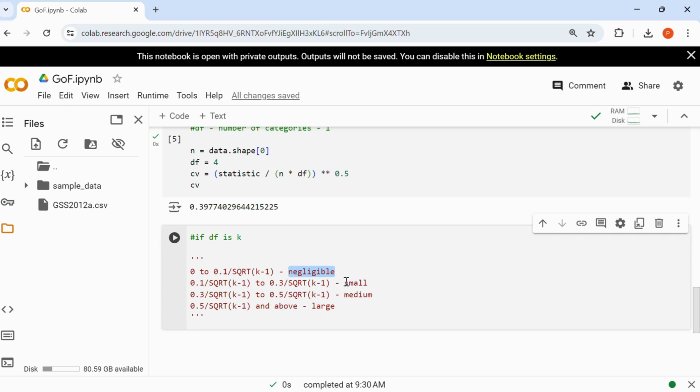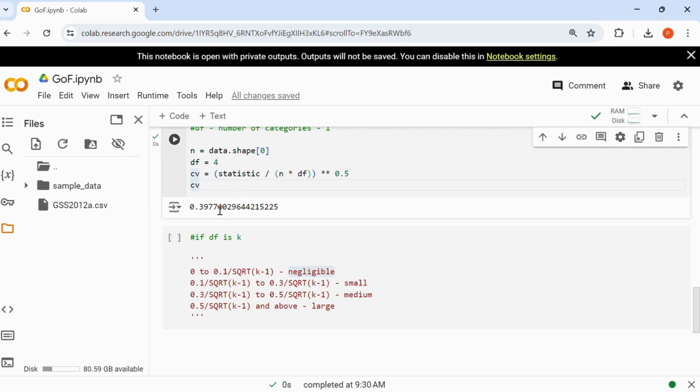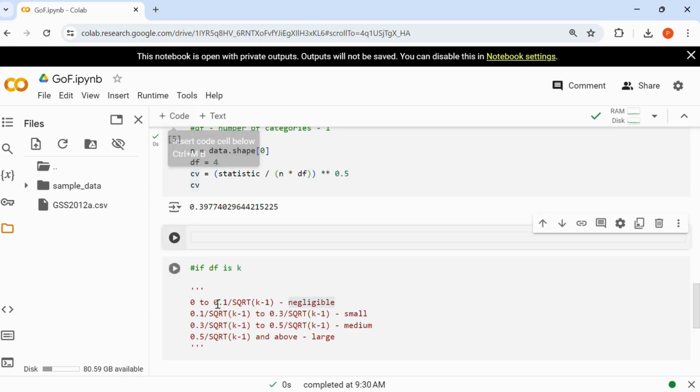From this range to this range it is small, from this to this it is medium, and this and above is large. So we can create a formula for finding out where this line is, and based on that we can get an interpretation about the effect size.